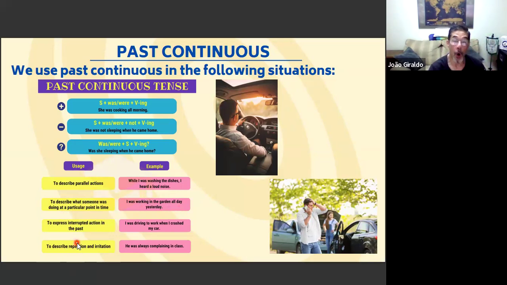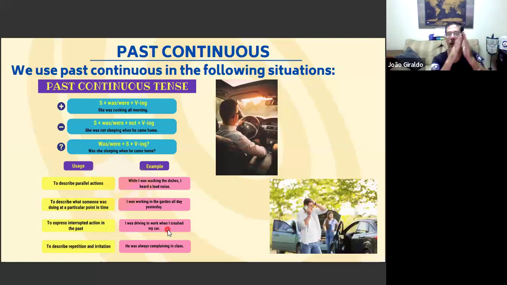Or to express an interrupted action in the past. So, I was driving to work, and it was my example in the picture here: I was driving to work when I crashed my car. Here we have a particular situation. I'm going to speak a little more about this, but basically, you have two actions happening.